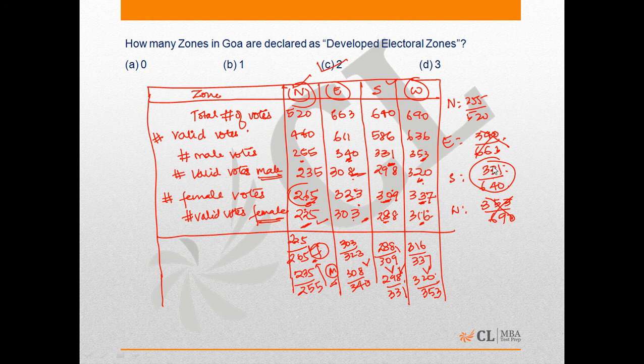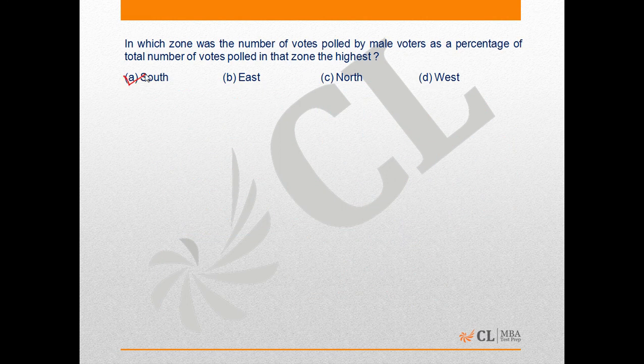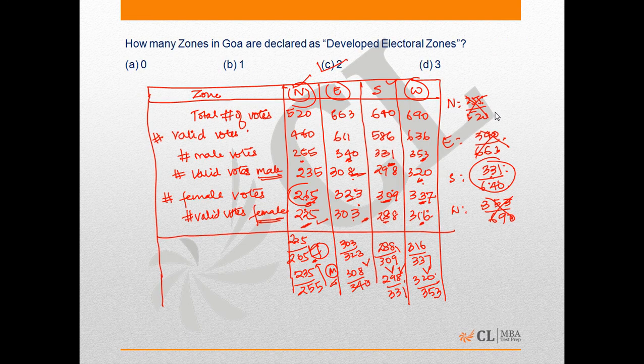And if you look at North and South, the numerator from North to South is almost 80 more, while the denominator is 120 more. So the North fraction has to be less than the value in the South. So the South zone is the right answer, the highest among the fractions that we just saw. Another way of doing it is to calculate to the first decimal value and you will have an idea.